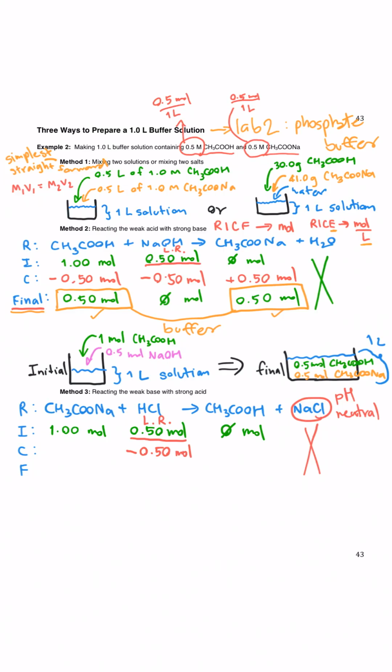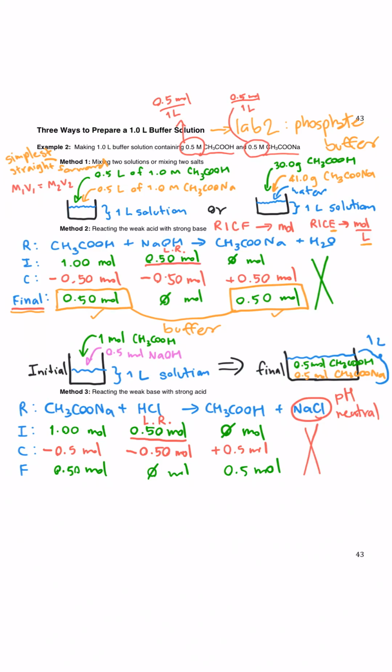And in order to react with this 0.5 mole of hydrochloric acid, it requires also 0.5 mole of sodium acetate to react. The amount of acetic acid that will be produced would be 0.5 mole. Therefore, at the end, what we have left would be 0.5 mole of sodium acetate, 0 mole of hydrochloric acid, and 0.5 mole of acetic acid.